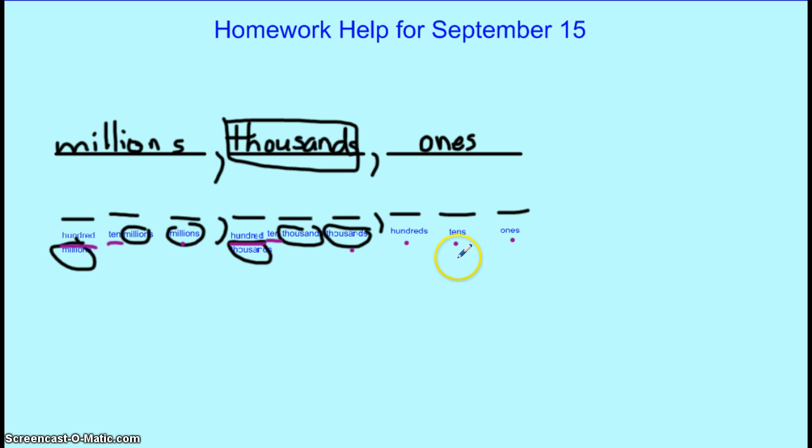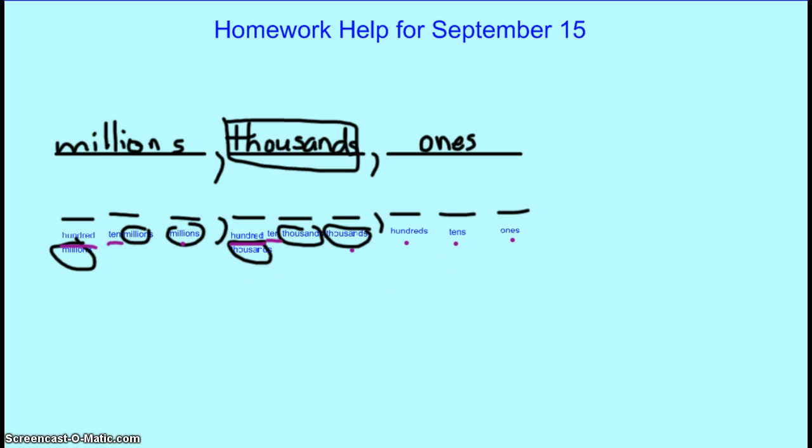That's the beauty of our system: it's the same pattern, ones, tens, hundreds. If you know the section, then you know you're talking about ones, tens and hundreds, or thousands, or millions. Knowing that, you can easily pick out your place values.